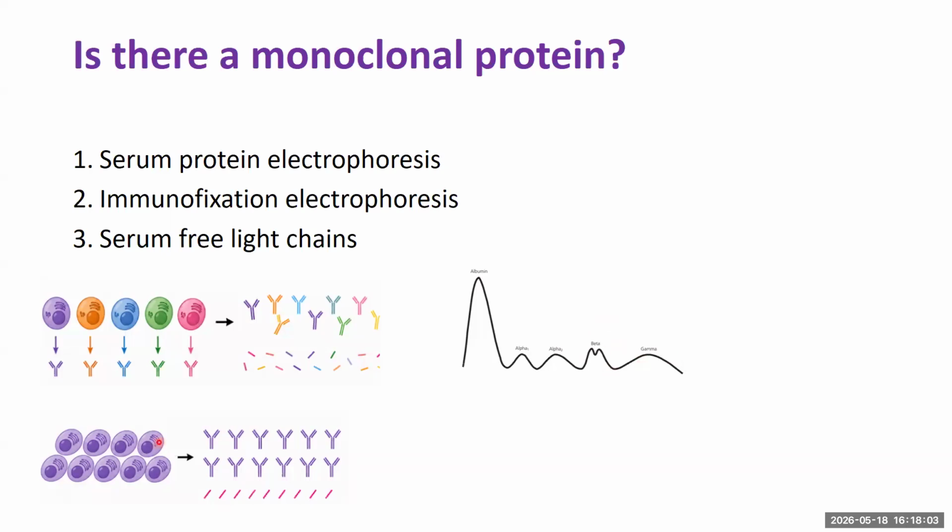In contrast, a monoclonal process arises from clonal expansion of a single abnormal plasma cell. Since all the immunoglobulins or free light chains produced are identical, they migrate together, forming a monoclonal peak in the gamma region.